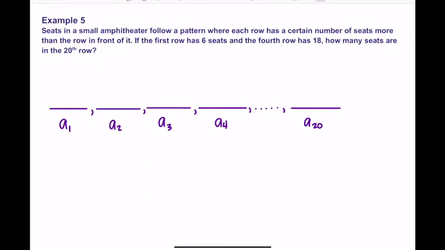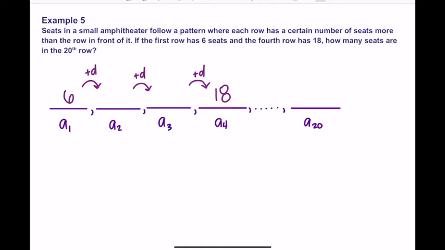So the first row has 6 seats. The fourth row has 18, and we want to know what the 20th row has. So what we do know is that this is a pattern where the number of seats is a set number more than the other ones. So we know that there's going to be an arithmetic sequence here. What we don't know is what common difference we are adding 3 times in order to get to 18.